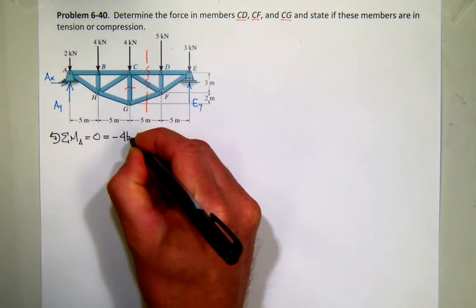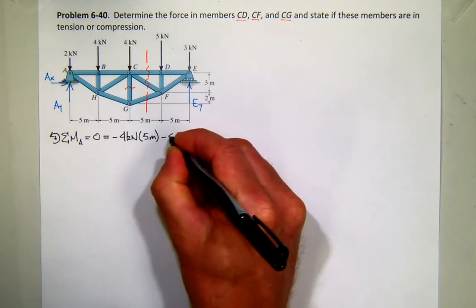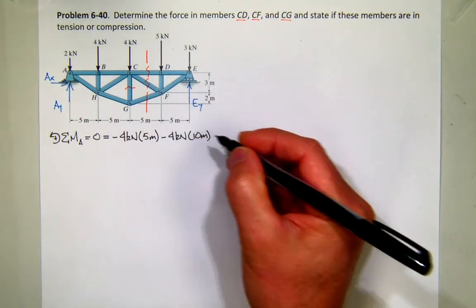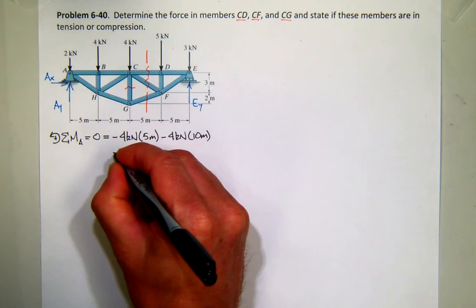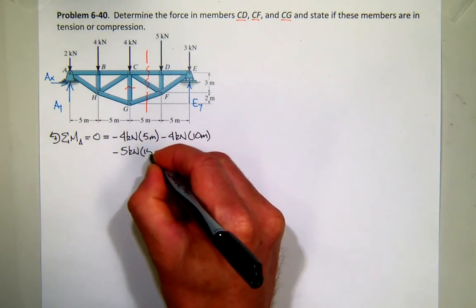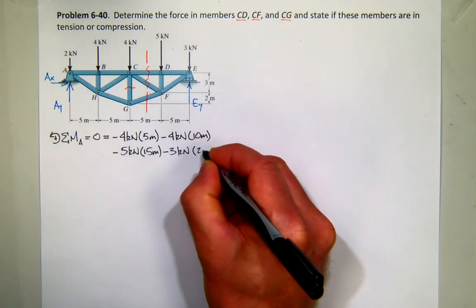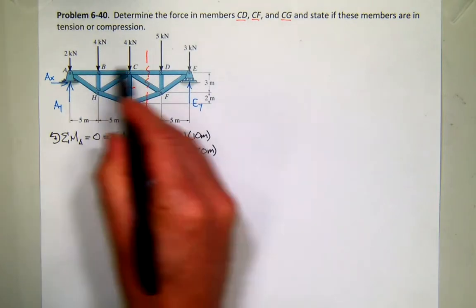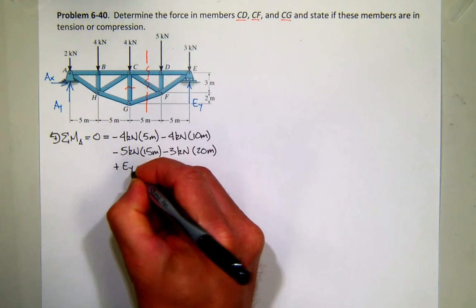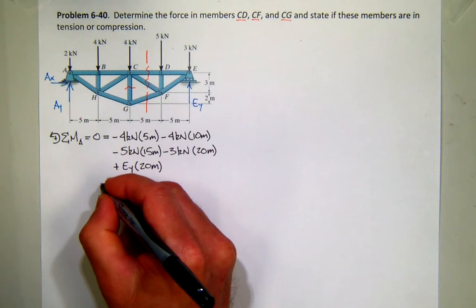So I have 4 kilonewtons times 5 meters, minus 4 kilonewtons times 10 meters, minus 5 kilonewtons times 15 meters, minus 3 kilonewtons times 20 meters. So I've accounted for all my forces, and then my reaction creates positive moment, and it also has a 20 meter arm. So we should be able to solve for EY.